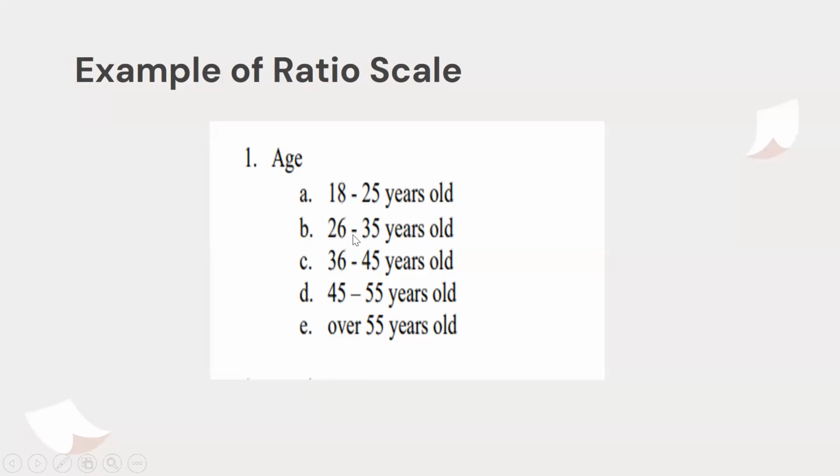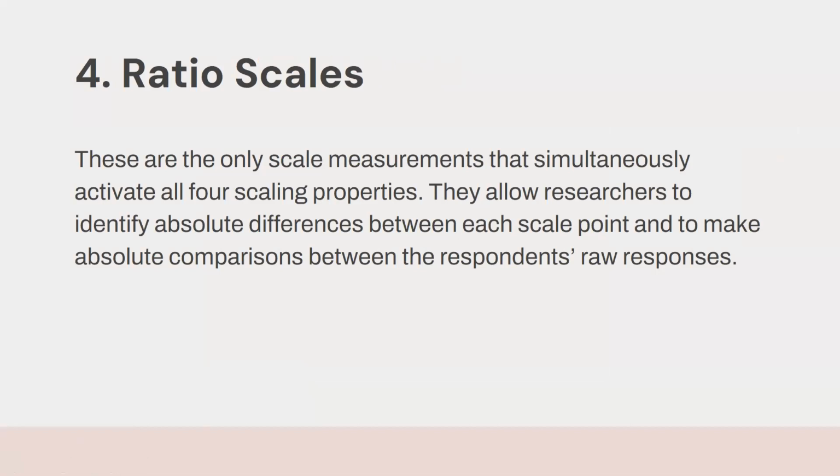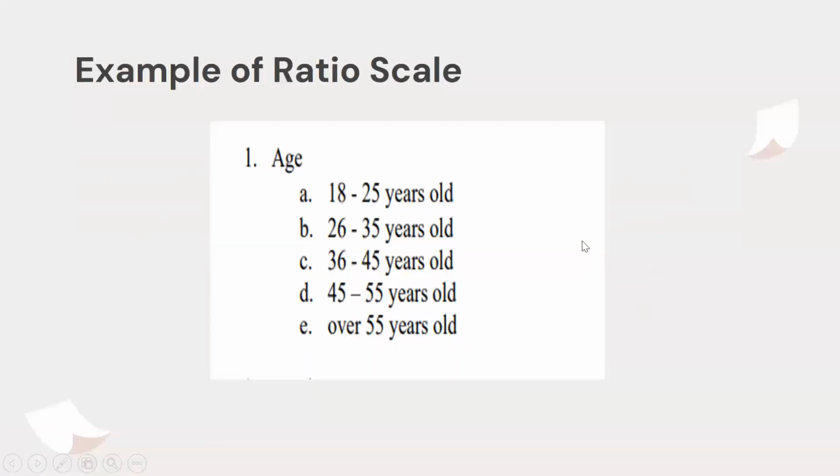In here, the researchers want to study the responses of the respondents to make a comparison of what their responses are based on a certain scale point. For 18 to 25, what are their usual answers, and they compare that to 26 to 35 years old and such. So that's an example of a ratio scale.